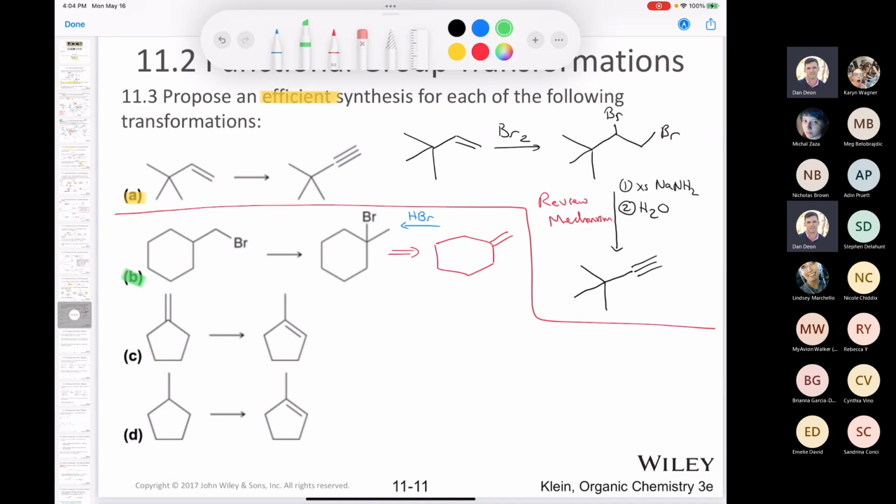And so now the question becomes, well, how do I get from here to here? How would I do that? The way that I would do that is by removing this proton in an E2 fashion. What would I want to use here, a hindered base or a non-hindered base, do you think, with the primary alkyl halide? Hindered. Yeah, I'd want to use a really hindered base, wouldn't I? Why? Because this is primary. If I use a non-hindered base, what I'm going to mostly get would be SN2.